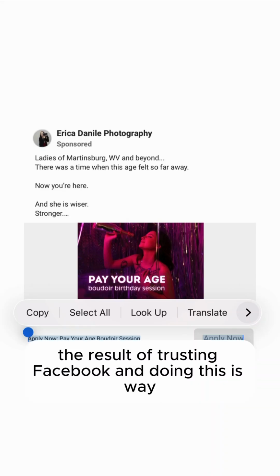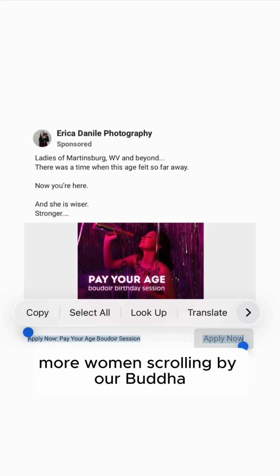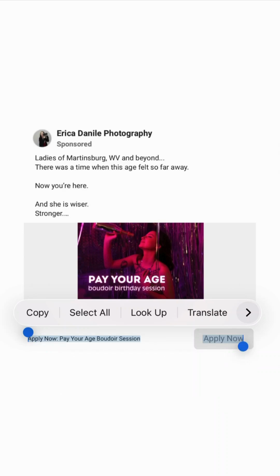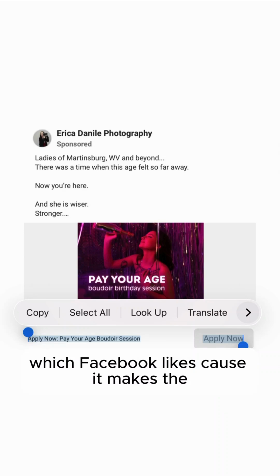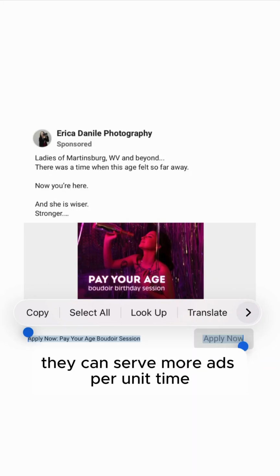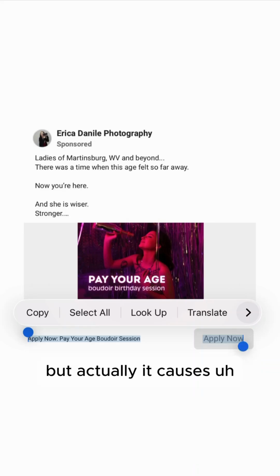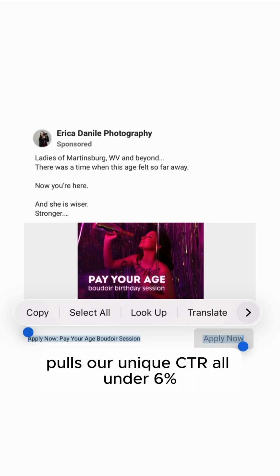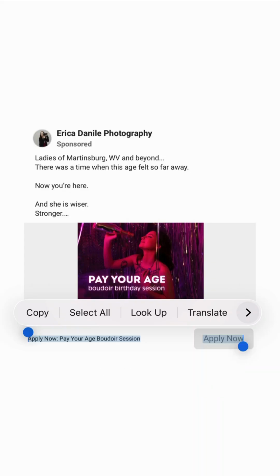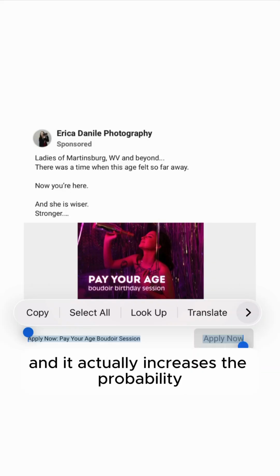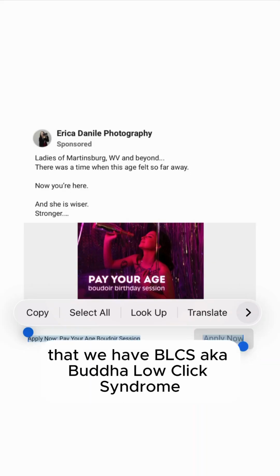The result of trusting Facebook and doing this is way more women scrolling by our boudoir Facebook ads than necessary, which Facebook likes because they can serve more ads per unit time. So Facebook actually makes more money per unit time. But it pulls our unique CTR under 6%, and it actually increases the probability that we have BLCS, aka boudoir low click syndrome.